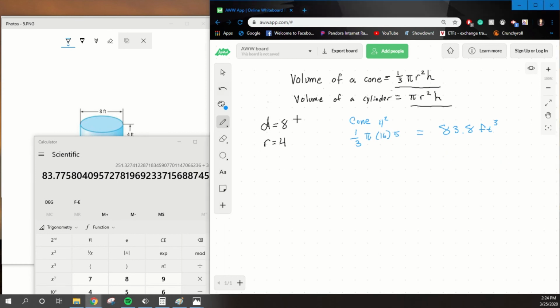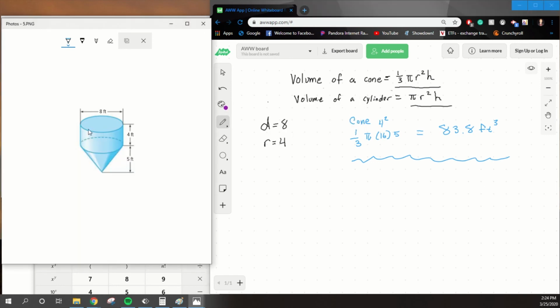But that's not what we need. That's just part of it. Our other part is finding the volume of this cylinder, this top part. So we have pi times r, which we've established is 4, squared, times our height. The height of our cylinder is 4.